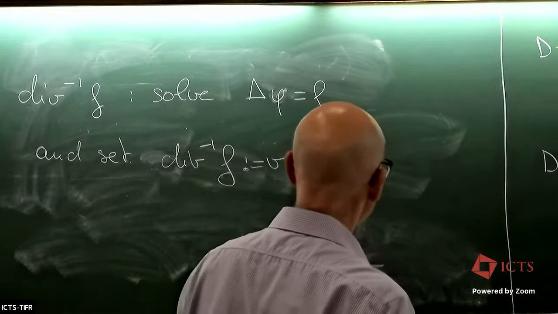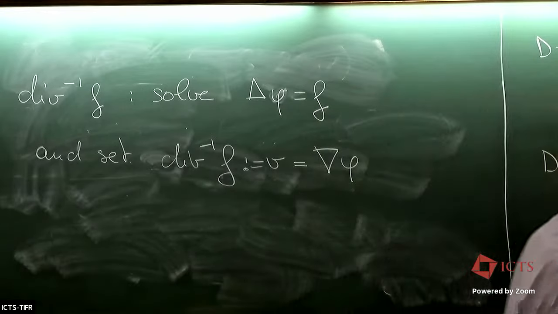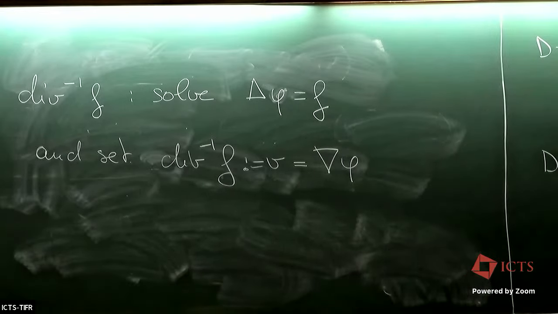And so now there's a unique solution of Laplacian of phi equal f, but you are on the torus, so there is a unique solution if the average is equal to 0, okay? And you find your guy.